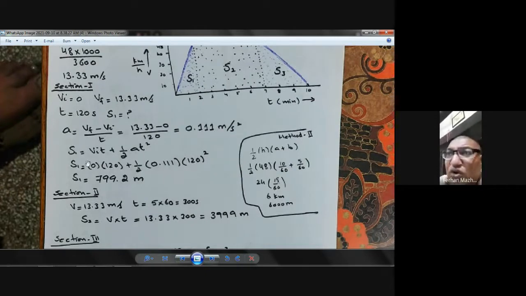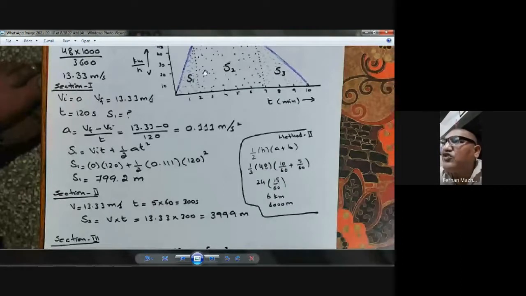Vi is 0, T is 120, plus 1 by 2, the A value is 0.111 and the T value is 120, squared. Enter these in the calculator and you will get 799.2 meters, so it's approximately 800 meters. That is how you find the distance traveled in the first portion.